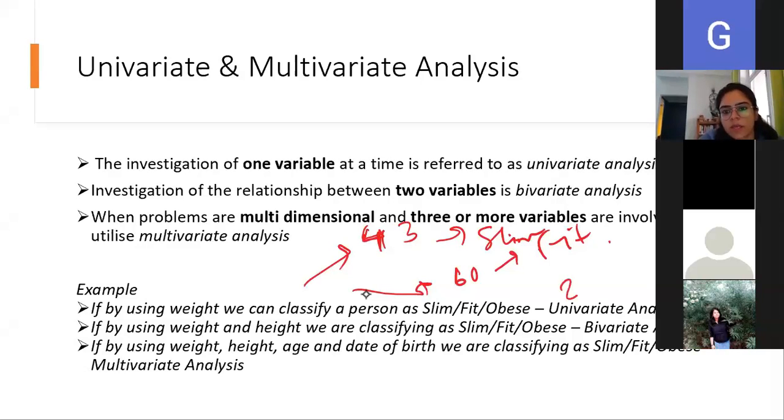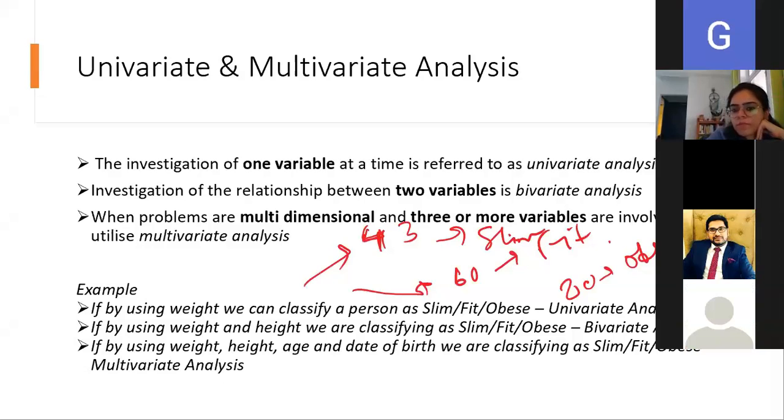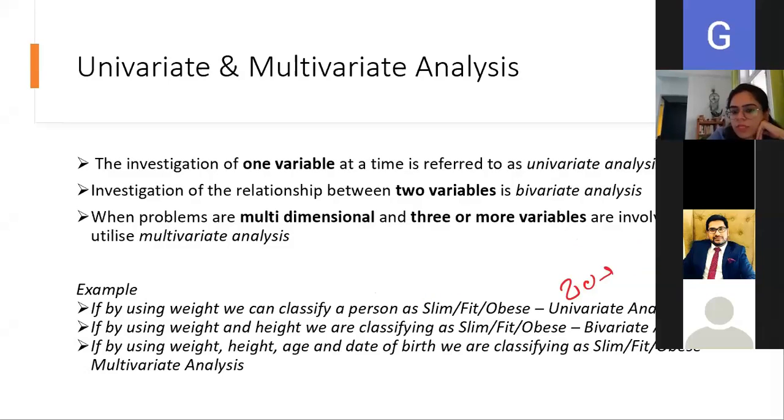And if he is above 80, I'll put him in obese. Okay, so how many variables are we using? Multivariate, 3. No. One. We are using only one variable, weight. And based on just one variable, we are classifying as slim, fit, or obese.